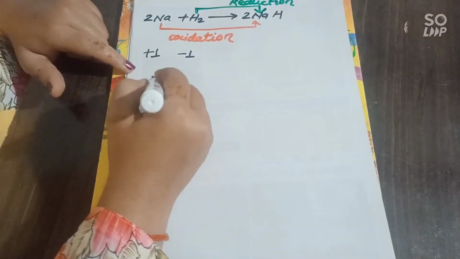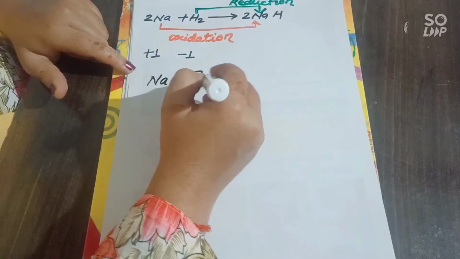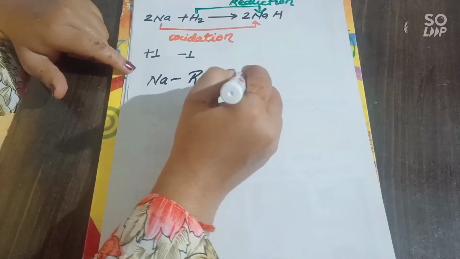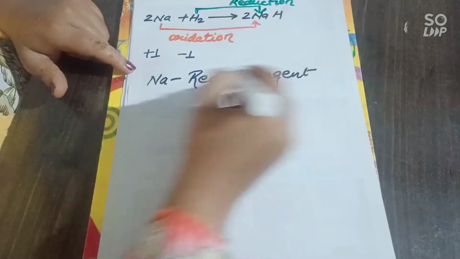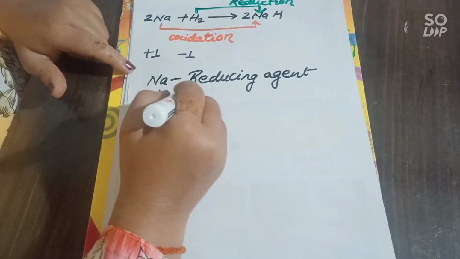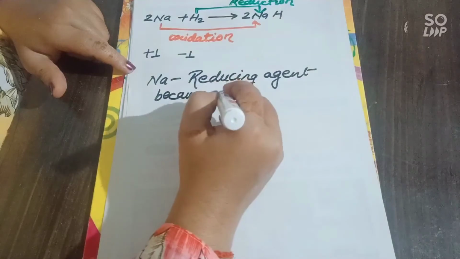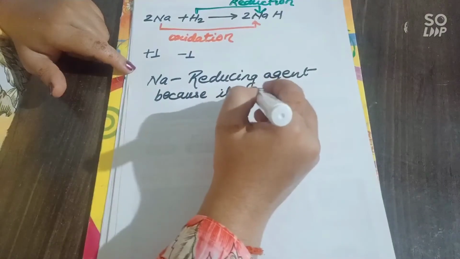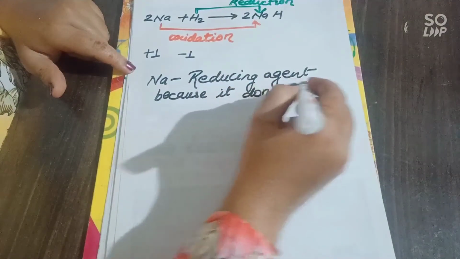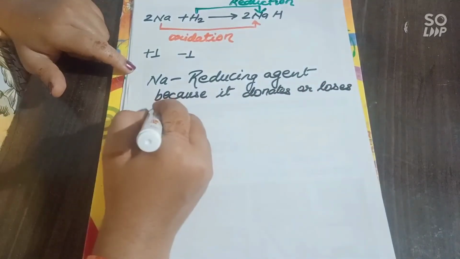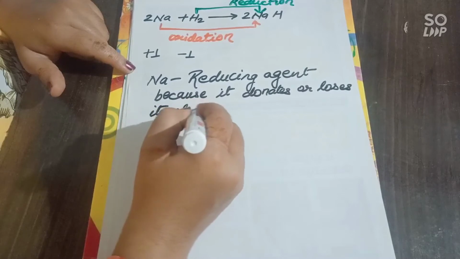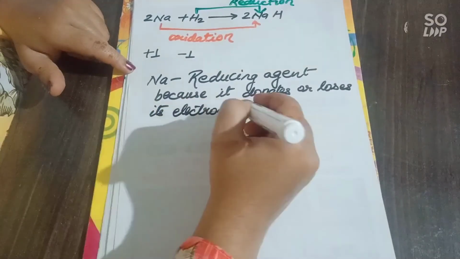So sodium is reducing agent, because it donates or loses its electron to hydrogen.